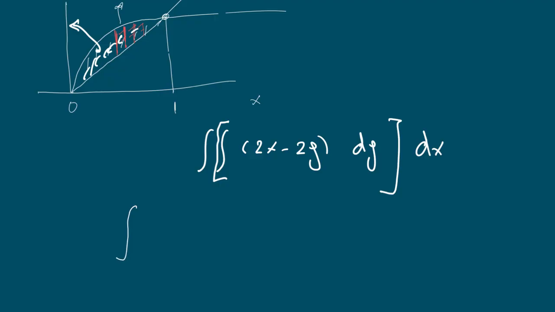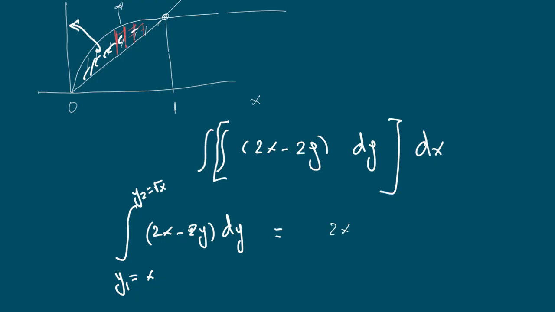The first integral, the one that is inside the brackets, will be 2x minus 2y dy, and y will vary from y1 equal x to y2 equal square root of x. So what would be this integral?